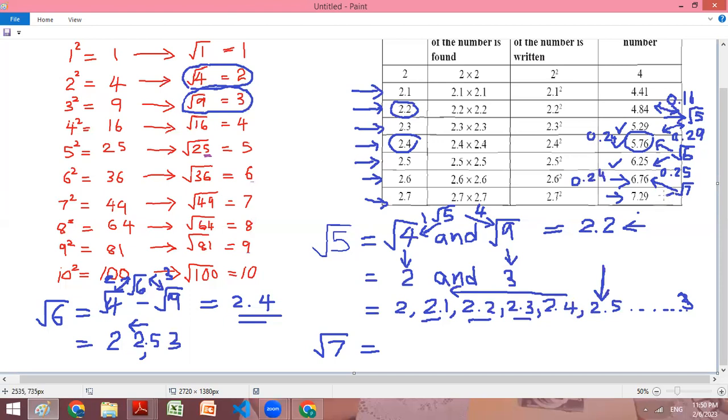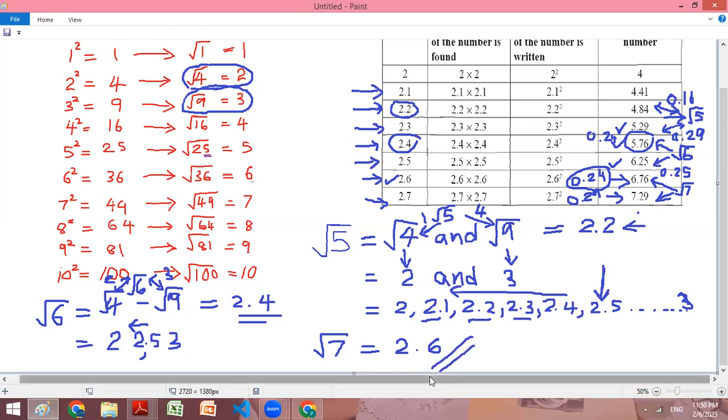The difference between 7 and 7.29 is 0.29. One is closer, 0.24. Therefore, the answer is 2.6. Approximation to first decimal places.